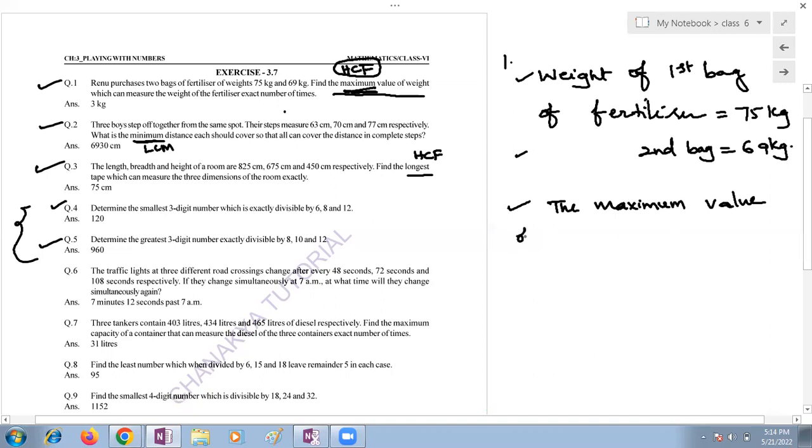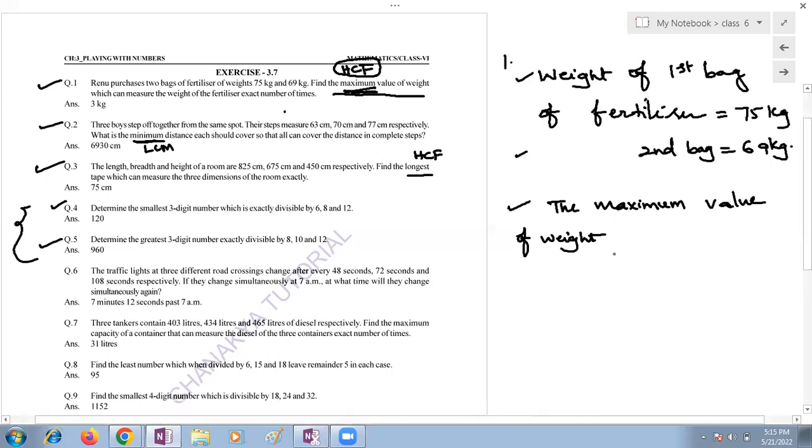Ma'am, should we do 75 and 69? The weight which can measure the exact number of times. Or else you can write the maximum value of weight that can measure the fertilizer. You need to write the complete sentence, or else it is meaningless, children.